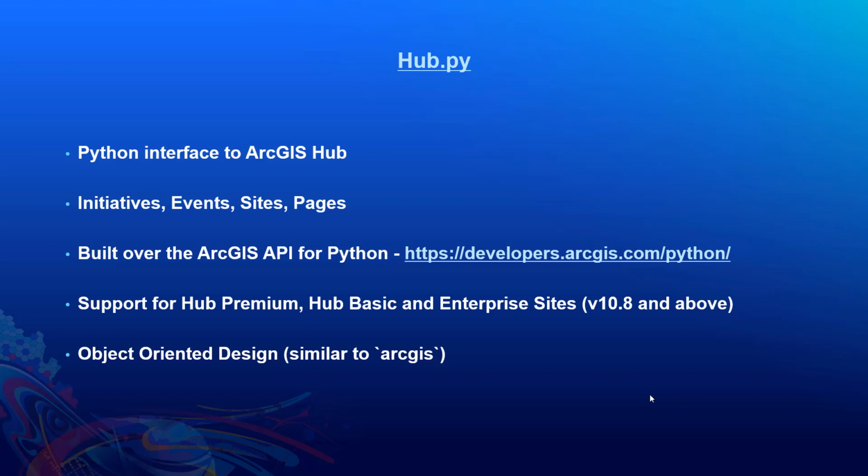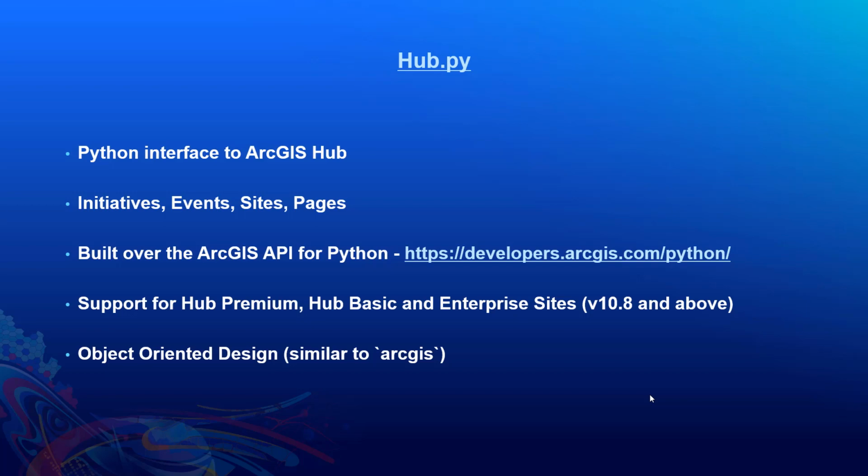We have support in hub.py for your Hub premium objects such as initiatives, events, sites, and pages, as well as for the sites and pages in Hub Basic and Enterprise sites for versions 10.8 and above. Similar to the ArcGIS API for Python, the design of hub.py is object-oriented as well.